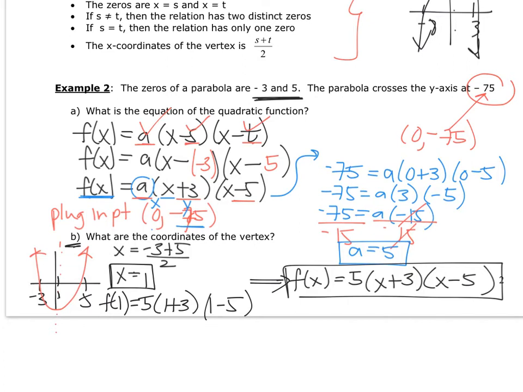I've run out of room here, so I'm just going to continue over here. That's going to be 5 times 4 times negative 4, which is going to equal negative 80. So our vertex is going to be, our x is 1 and our y is negative 80. Sorry, okay, our vertex is going to be positive 1, negative 80. Boom, all done.